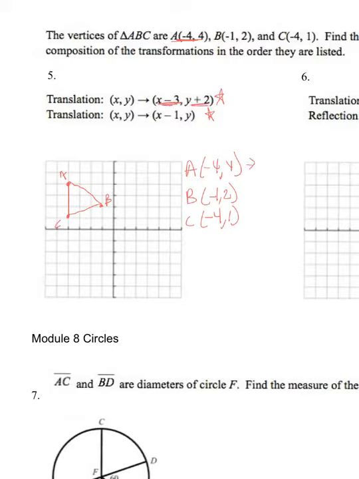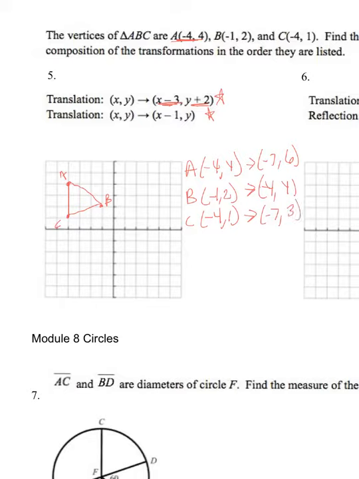So 3 away from x would make it a negative 7, because negative 4 minus 3 is negative 7. And 2 added to the 4 would be 6. And then if I took 3 away from negative 1, it's a negative 4. And if I added 2 to the 2, it's a positive 4. And then if I took 3 away from negative 4 again, it's a negative 7. And if I add 2 to 1, it's 3. So those are our new coordinates.